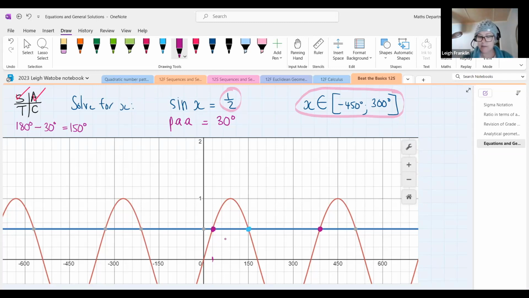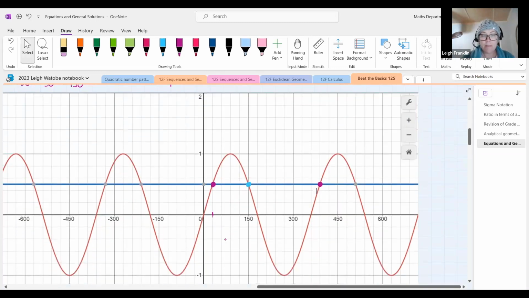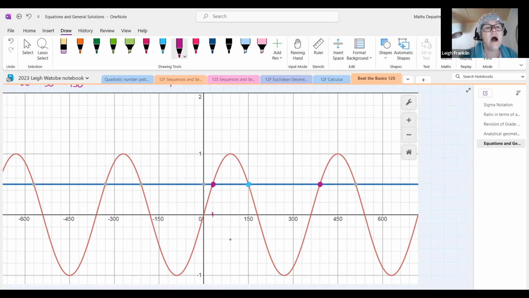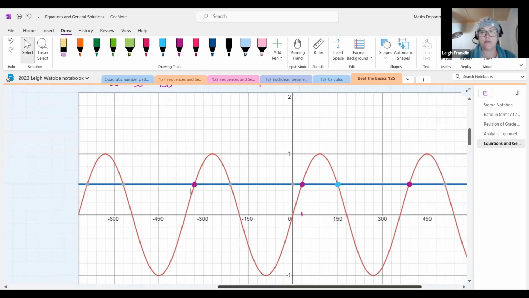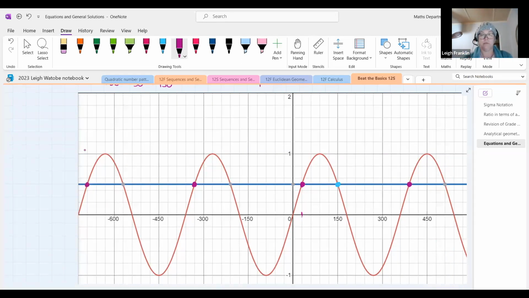Can everybody see that? The purple one, when my PAA is 30. But I can also go in the other direction. If I go 360 degrees backwards from this point, I would end up over there. And if I wanted to, I could go another 360 degrees backwards, and I would end up over there as well, wouldn't I?